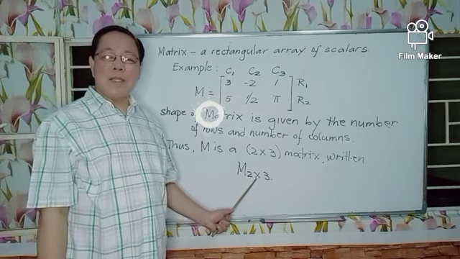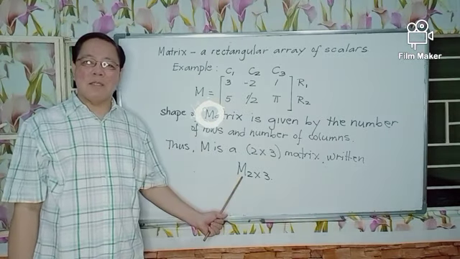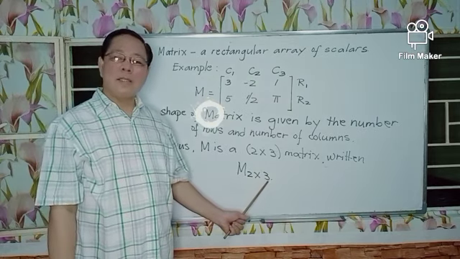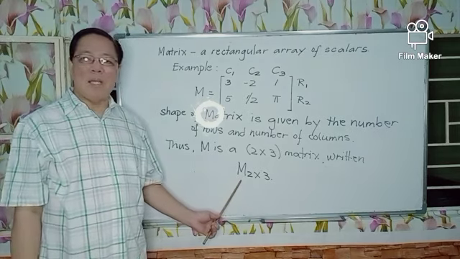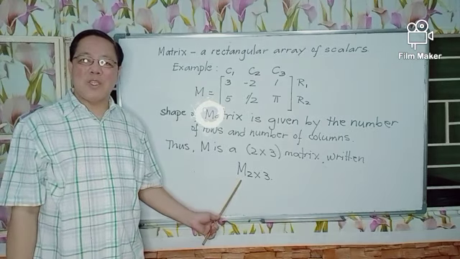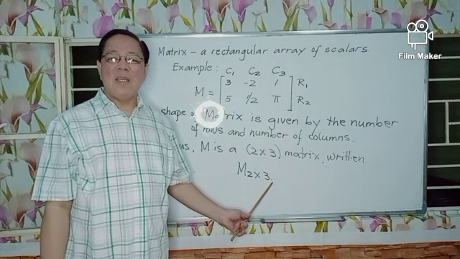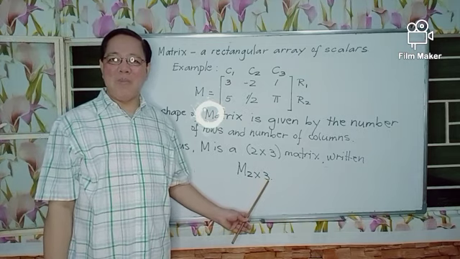So if you see this notation, this means that M is a matrix with 2 rows and 3 columns. That is why we describe M as a matrix of size or shape 2 by 3. Or we simply say matrix M is a 2 by 3 matrix.